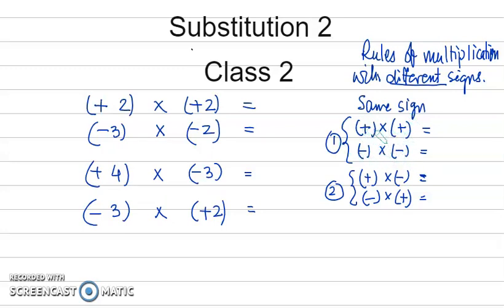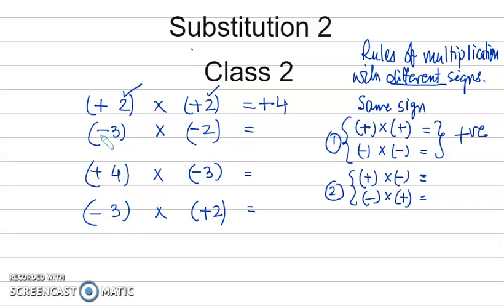These two are positives and these two are negatives. The resulting sign is always positive. For example, plus 2 and plus 2, both are positive, so the resulting sign will be positive, and then multiply these two numbers, that is 4.